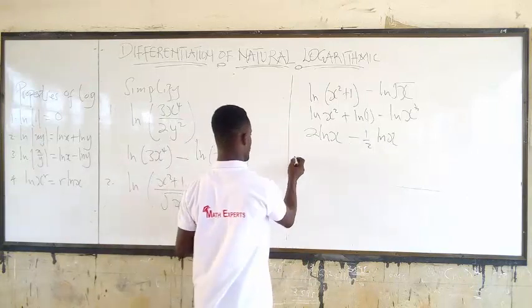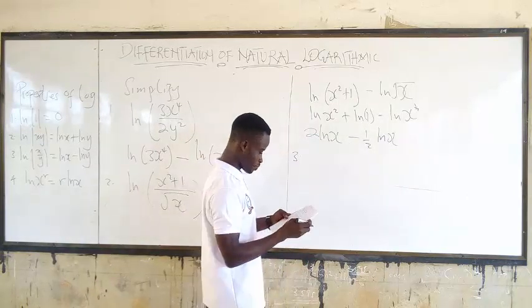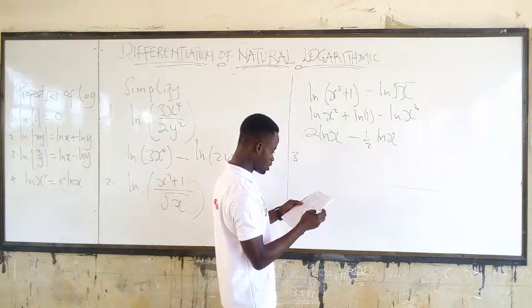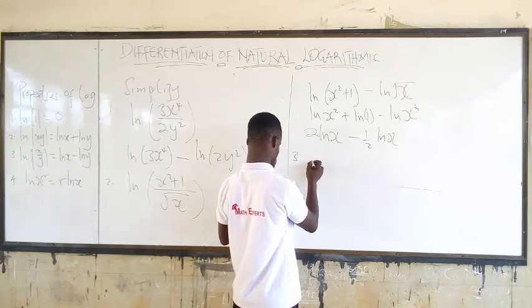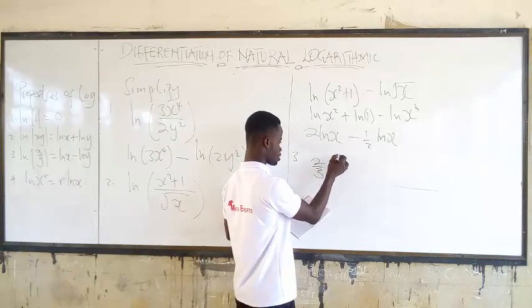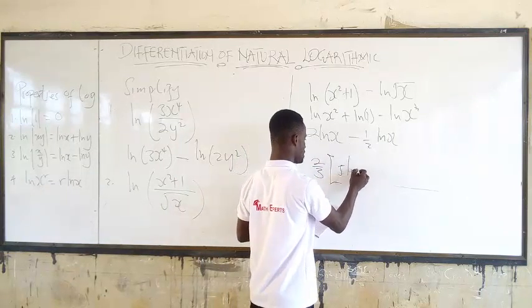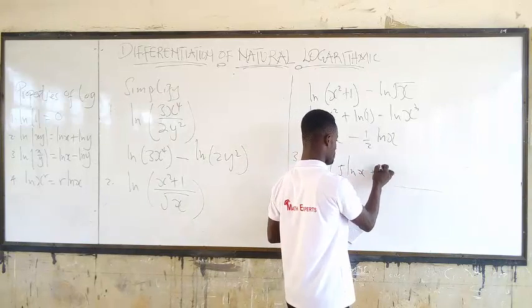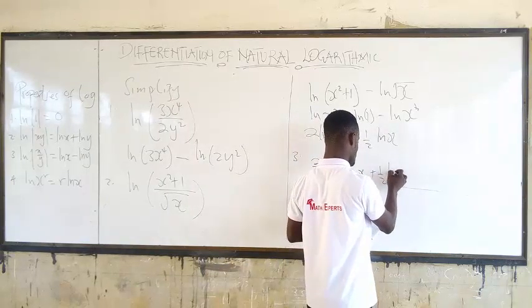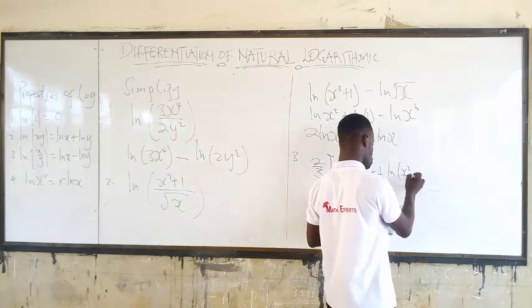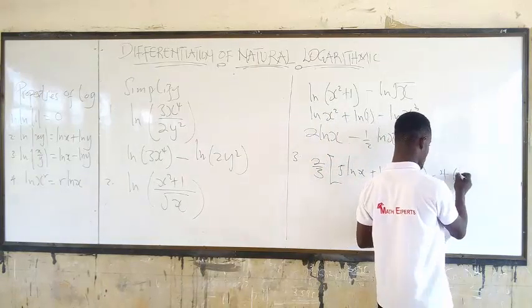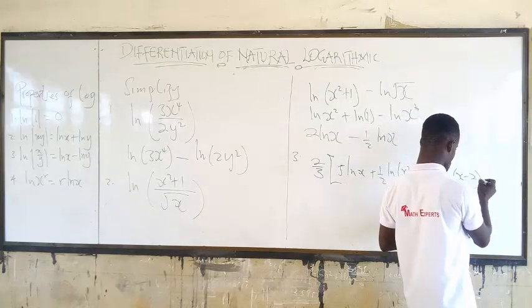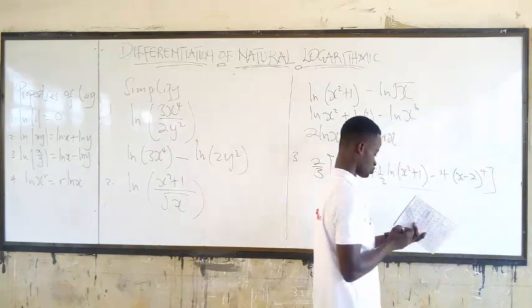Let's go to the third one. Oh, okay. Let's look at this one: 2 over 3, 5 ln x plus half ln of x squared plus 1 minus 4 ln of x minus 2 to the power 4.